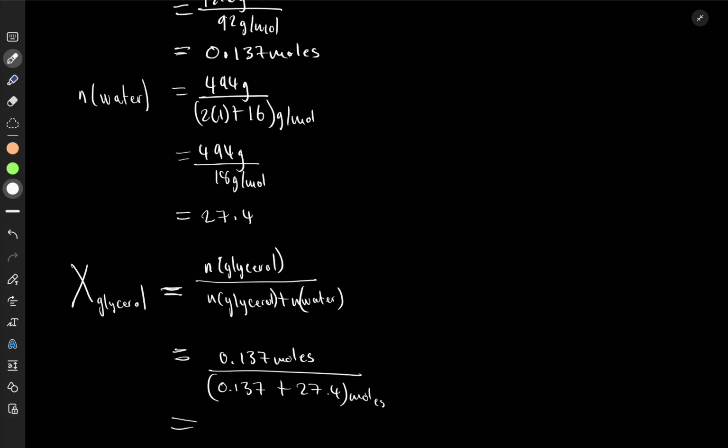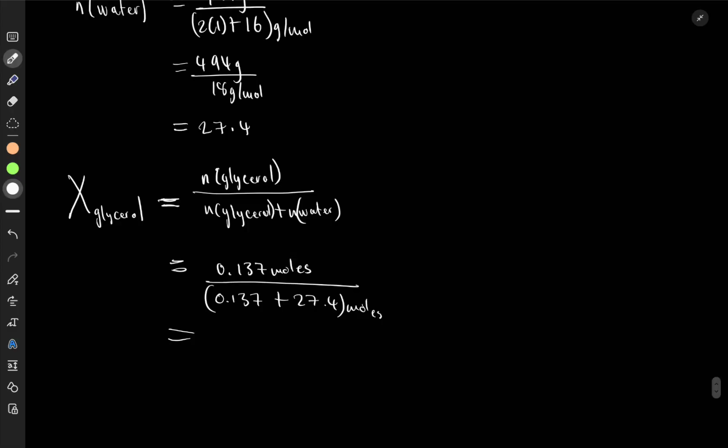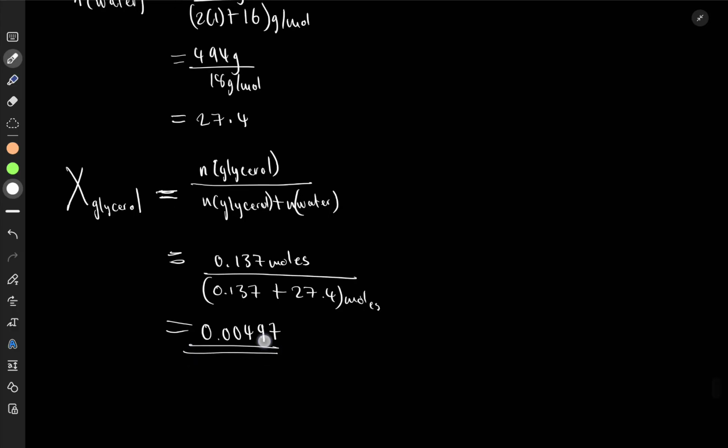So 27.4 plus 0.137, we will get an answer. Then we say 0.137 divided by that solution. We'll get 0.00497. And here we don't have a unit.